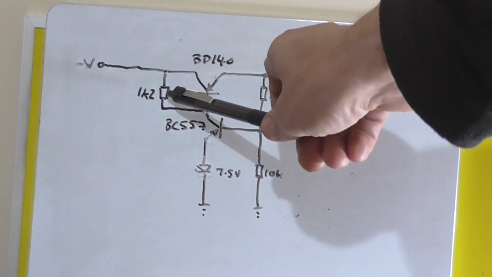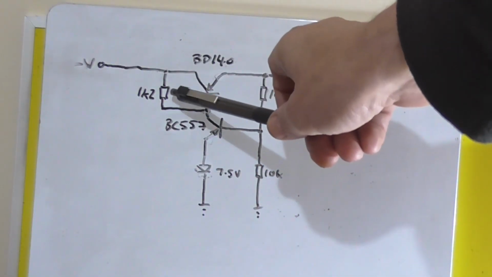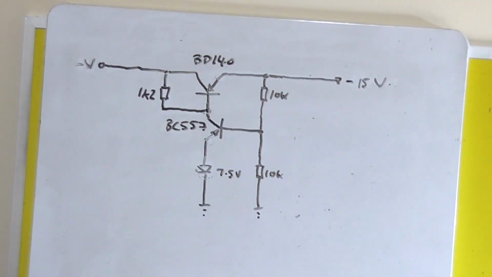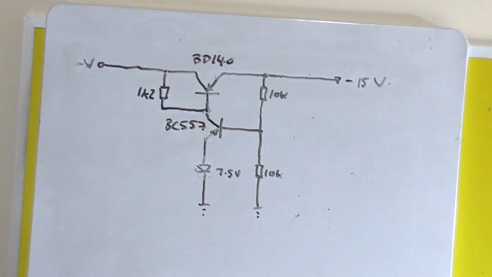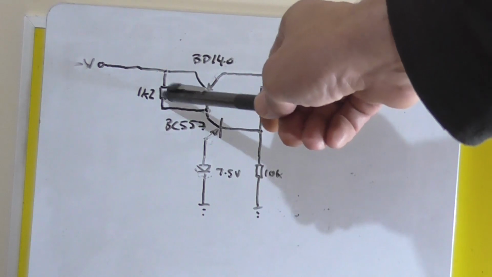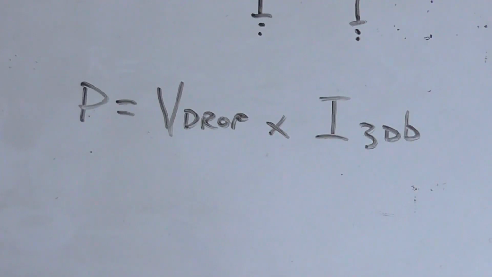And one final thing about this resistor, we should probably calculate the current, because under the operation of the circuit that I've just tested, it does get quite warm to the touch. So to calculate what wattage of resistor we need here, the power equals the resistive voltage drop multiplied by the current of the Zener diode base junction.